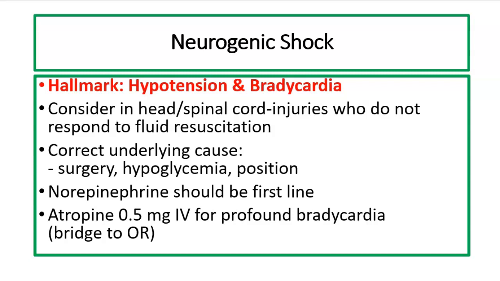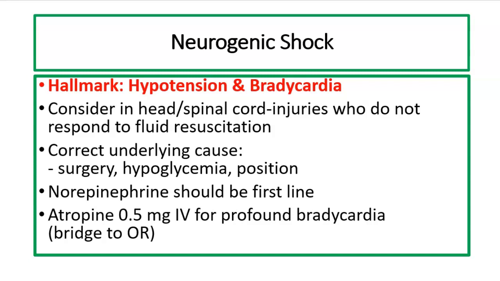So we need to be very careful in these patients because it's not a question of fluid, right? It's their inability. This is a tone issue. And then it can also end up as a cardiac issue as well if the bradycardia is causing additional problems moving the blood forward.